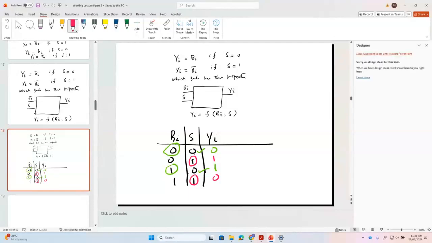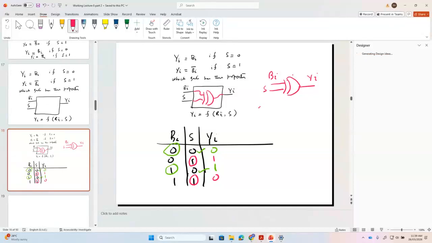So can you see here? Which gate has this property? XOR. So now we are using an XOR here. The XOR gate has this property. And please remember, we also did it using the laws of Boolean algebra. Now my output is yi, and the inputs are bi and s.